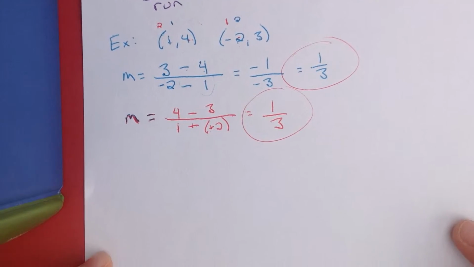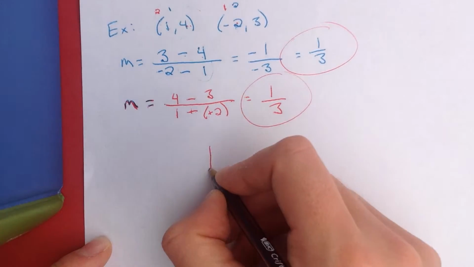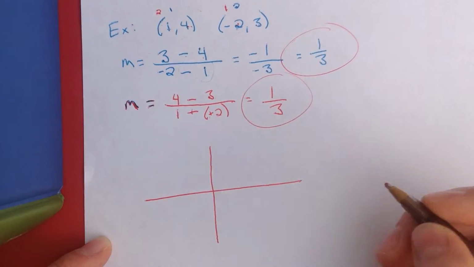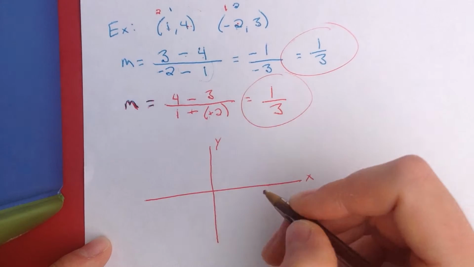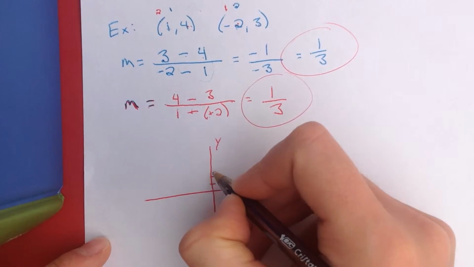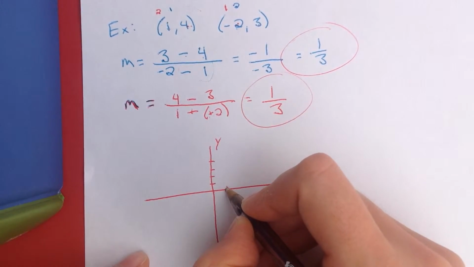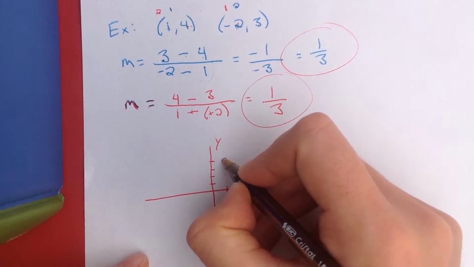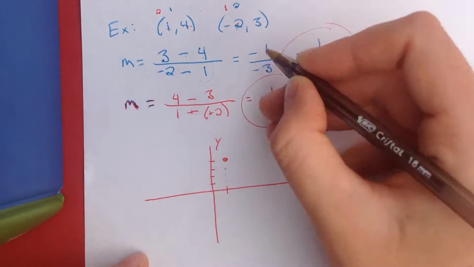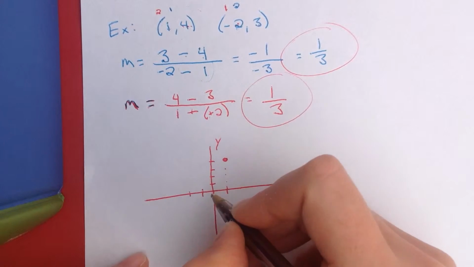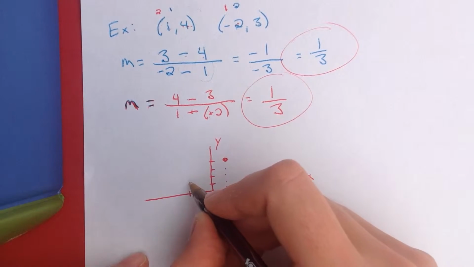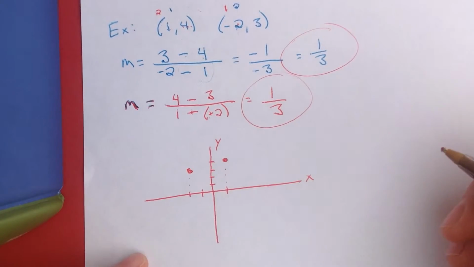Graphically, what this would look like, so if we were to graph these 2 points, we would have our first point being (1, 4). We come over 1, up 4, put that point in. Our second point being (-2, 3), so back 2, up 3.